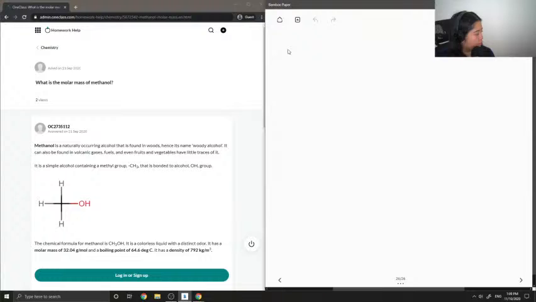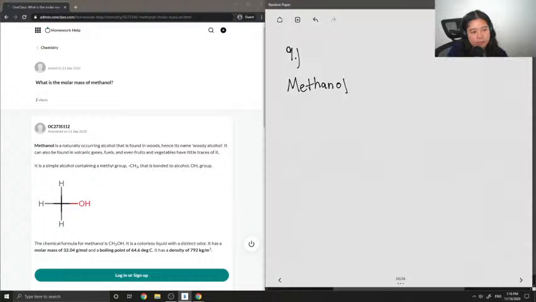Okay, so moving on. What is the molar mass of methanol? Okay, so let's first try to answer this question as if we don't know what methanol would look like. So first, let's analyze it.